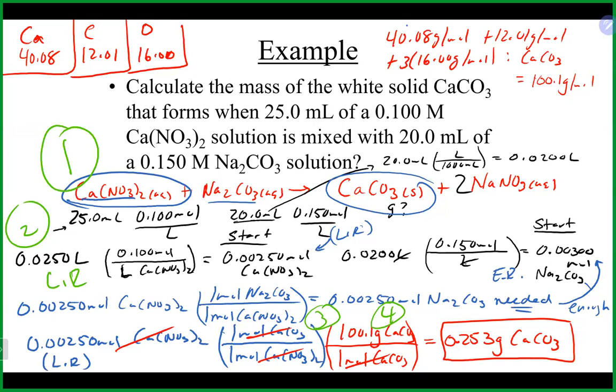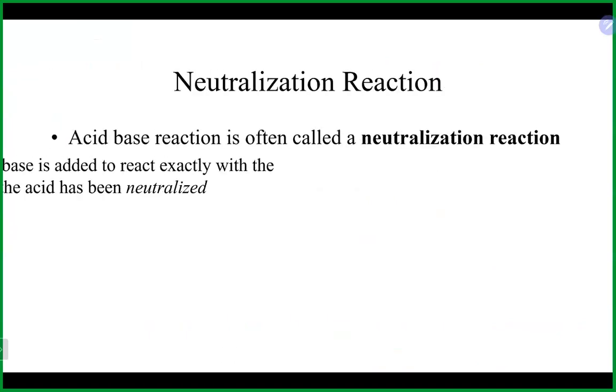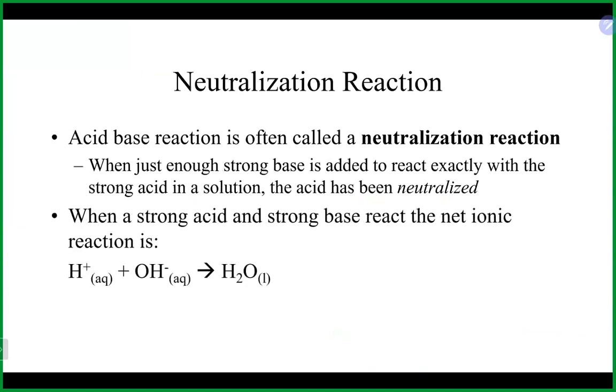All right, so this is one type of solution stoichiometry problem. Let's talk about another type, which is basically what we did in last week's lab when we did titrations. Those are acid-base neutralization reactions. And as you reach the equivalence point in a titration, you hit the point where all the acid and all the base neutralize each other.